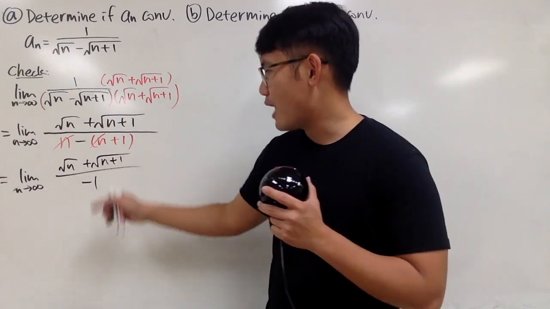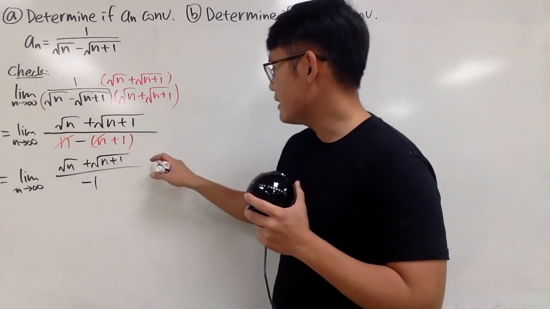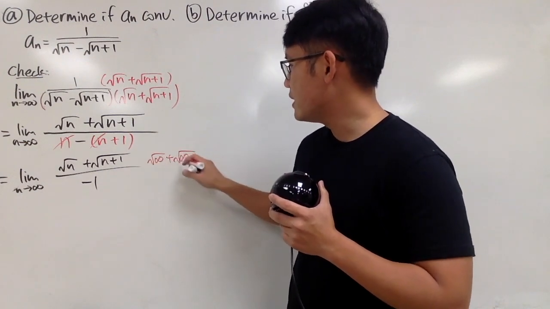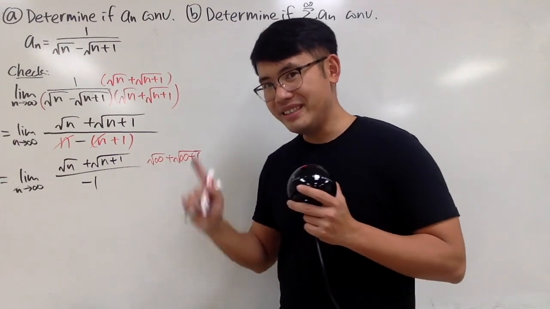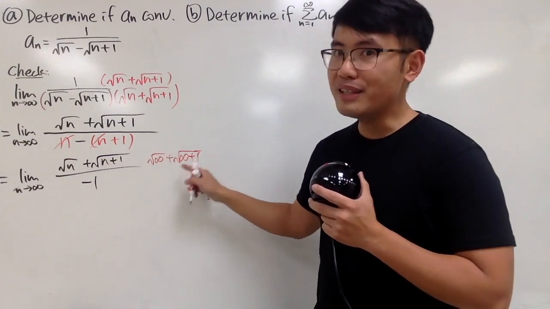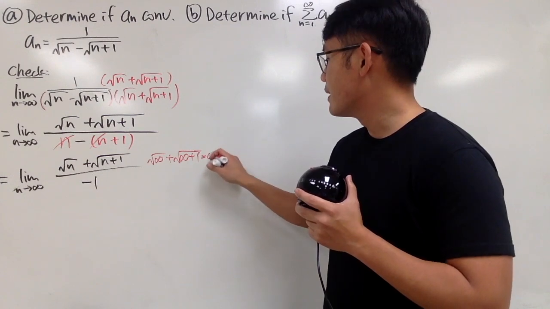On the top now, we have infinity instead of the square root, which is still infinity, right? The square root of infinity, and then plus square root of infinity plus 1. Of course, this is easier for us to draw a conclusion because this is still infinity plus another infinity, right? Infinity plus infinity, of course, is still infinity.